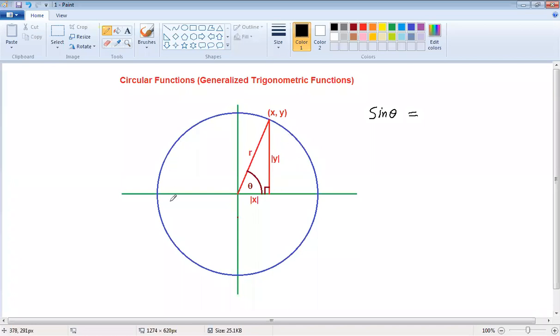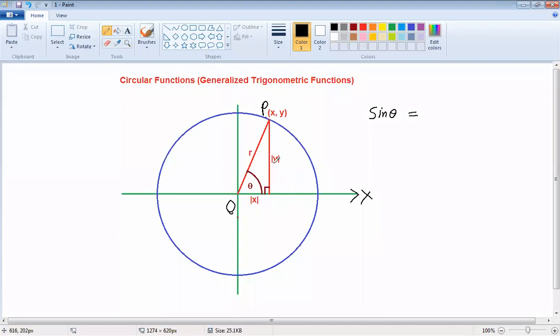Here in this circle, this is the angle theta measured from the positive direction of x-axis. This is the angle theta made by this radius. Suppose this radius is named OP, where point P has the coordinates x and y.